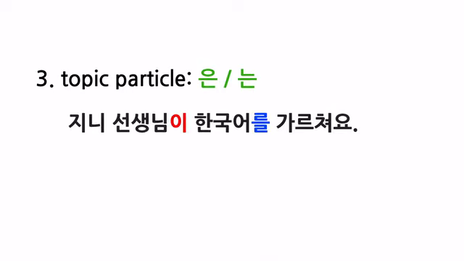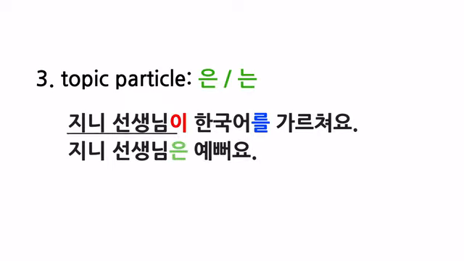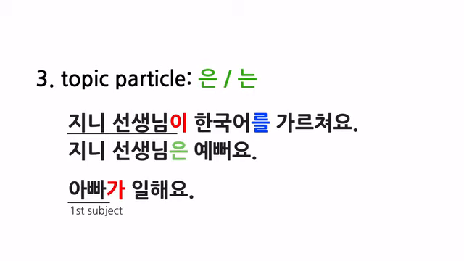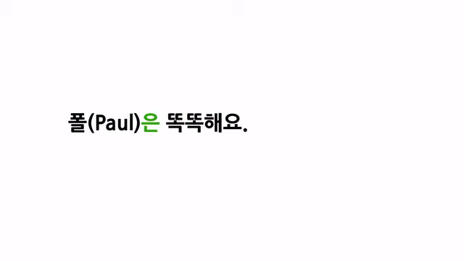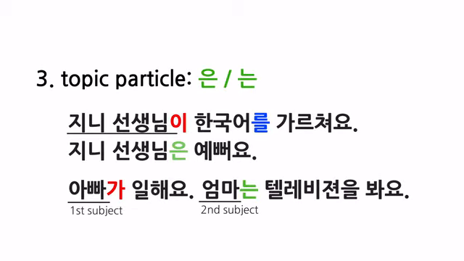Take a look at the following sentences. 지니 선생님이 한국어를 가르쳐요. 지니 선생님은 예뻐요. 아빠가 일해요. 엄마는 텔레비전을 봐요. 폴은 똑똑해요. As you see in the first sentence, 지니 선생님 was used already. When it's used the second time, notice that 은 was used.